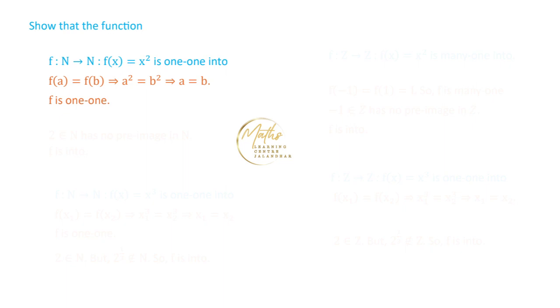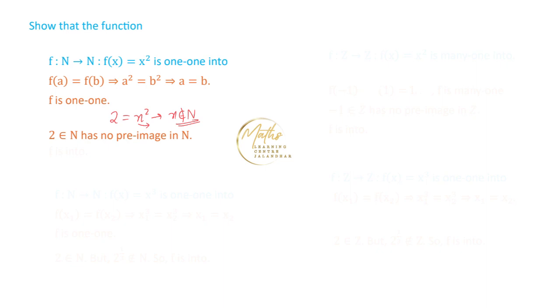So if we consider the natural number 2, we can see that there is no pre-image of this number 2 in the set of natural numbers, because we want to find an x for which 2 is equal to x square, and there is no natural number x for which 2 is equal to x square. So this function f is an into function.